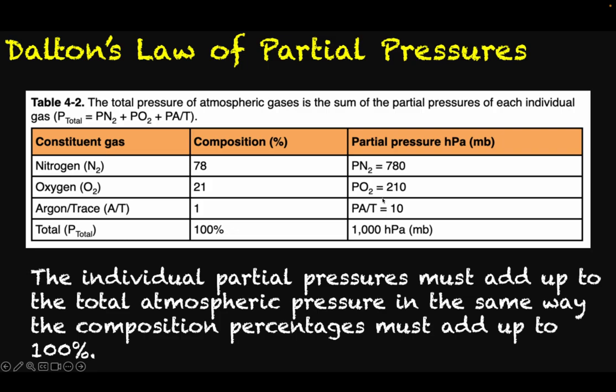For oxygen, it would be a partial pressure of 210, so 21% times 1,000 is 210. Everything else, 1%, would give you 10. So the individual partial pressures have to add up together to equal the total atmospheric pressure, in much the same way that the composition percentages here, 78 plus 21 plus 1, have to add up to 100%.